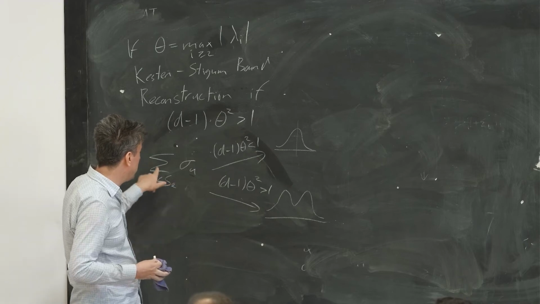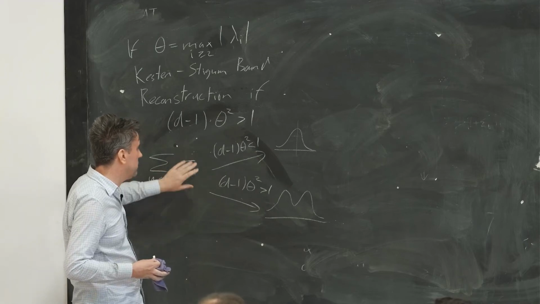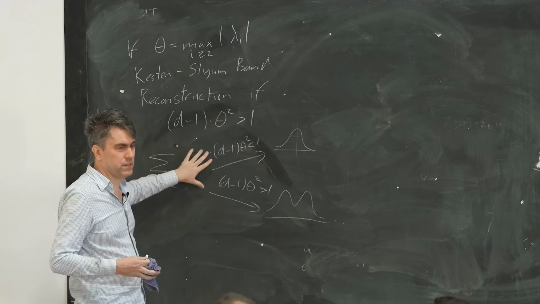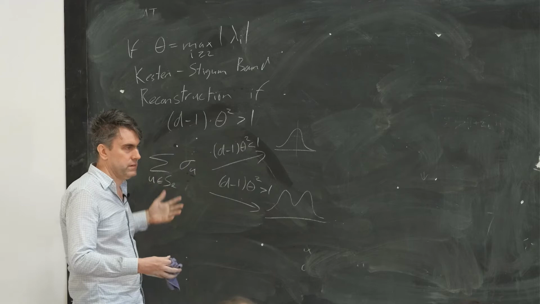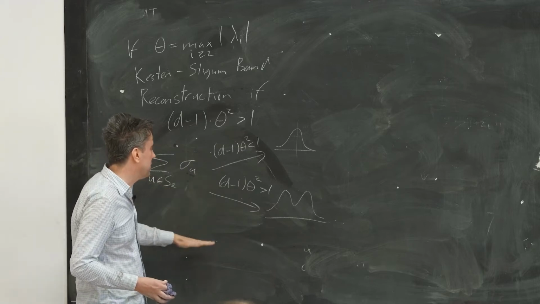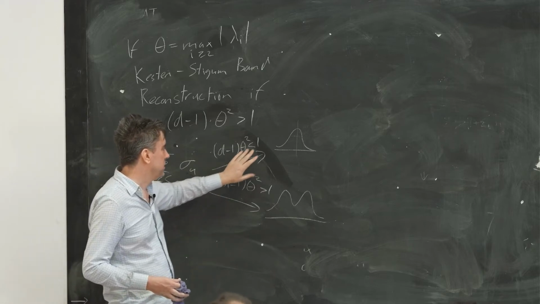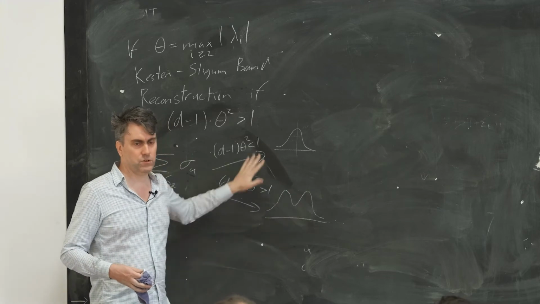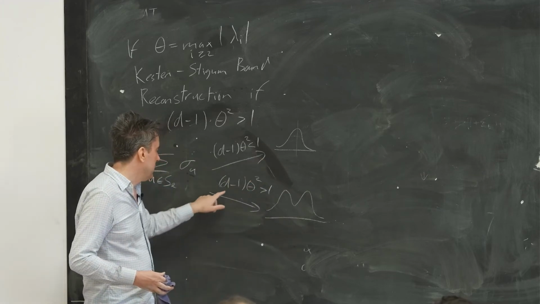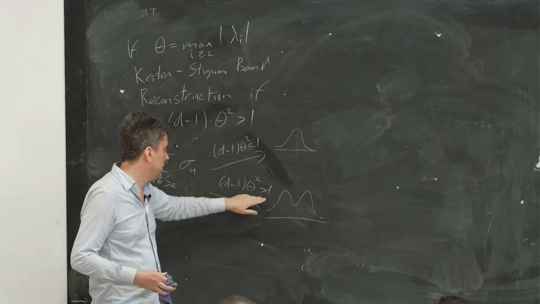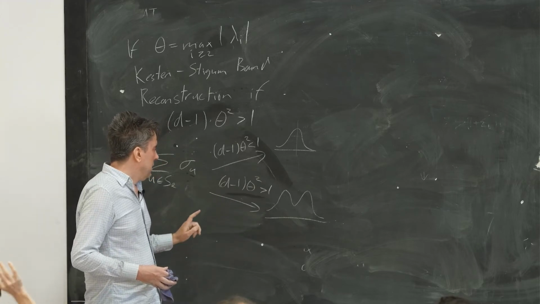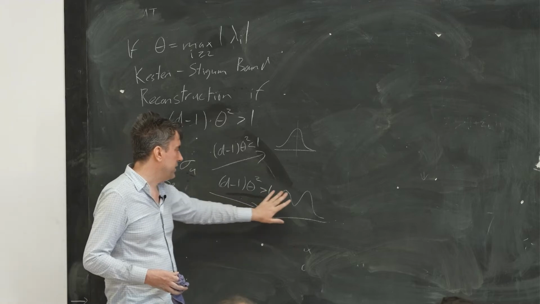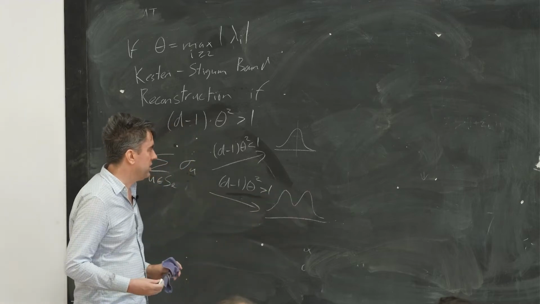And then rather than taking the sum of the spins, you would first project onto the second eigenvector of the Markov chain and then sum that up. And again, you would get this dichotomy in terms of convergence to a normal versus a non-normal distribution. And if you have this property, then there is some information in the limit.